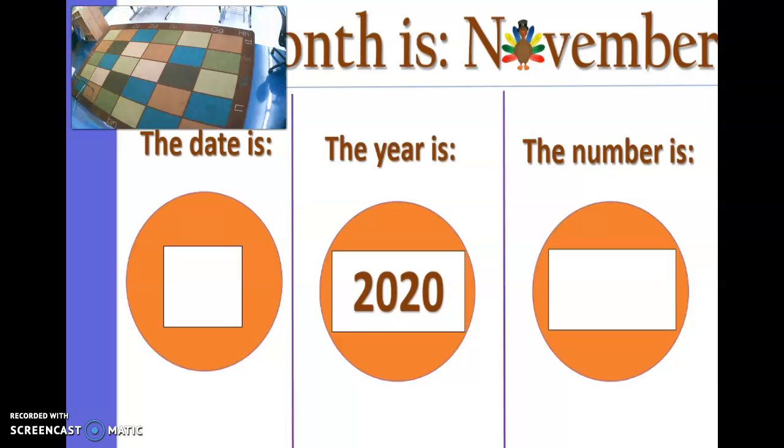Let's try this one, November. Here, Ken. November. Van, where's your calendar? You circle November, Kyrie? All right, then.